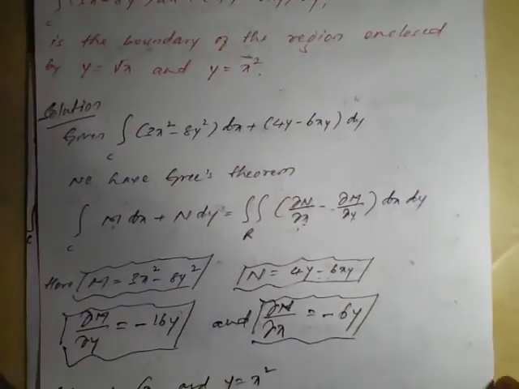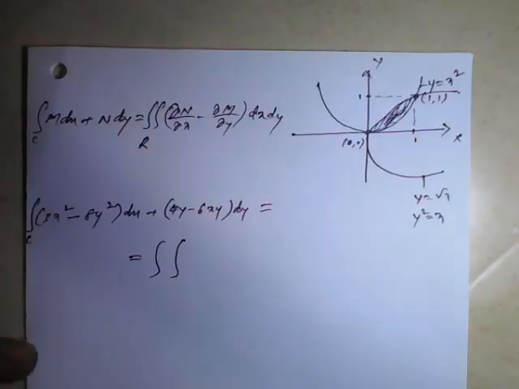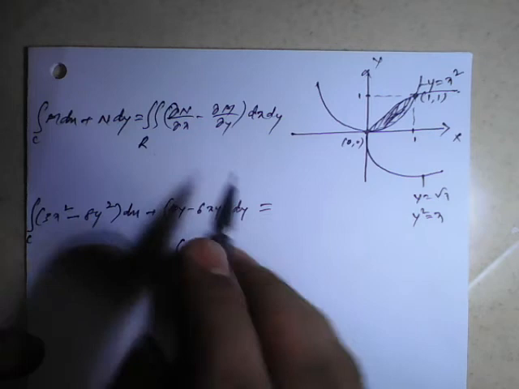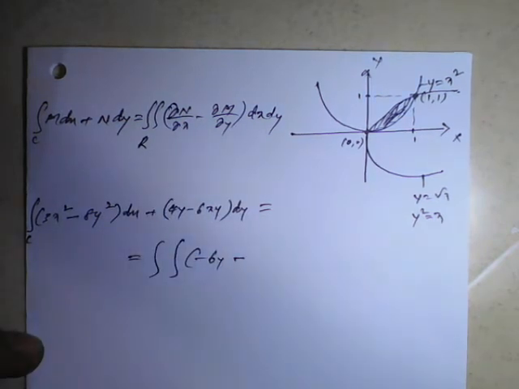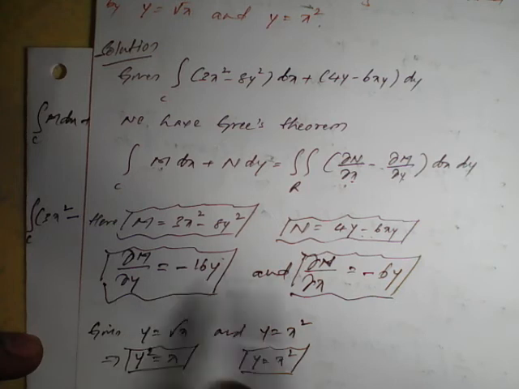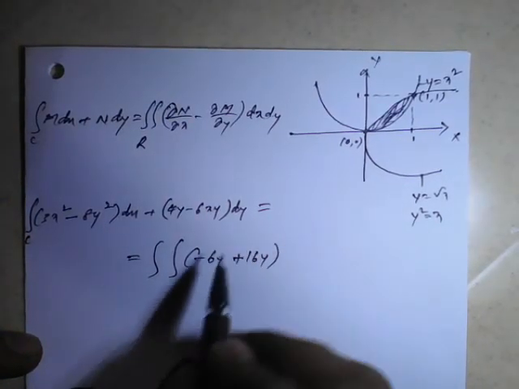So dou n by dou x we got as minus 6y, minus, and dou m by dou y is minus 16y, so minus minus will become plus 16y.